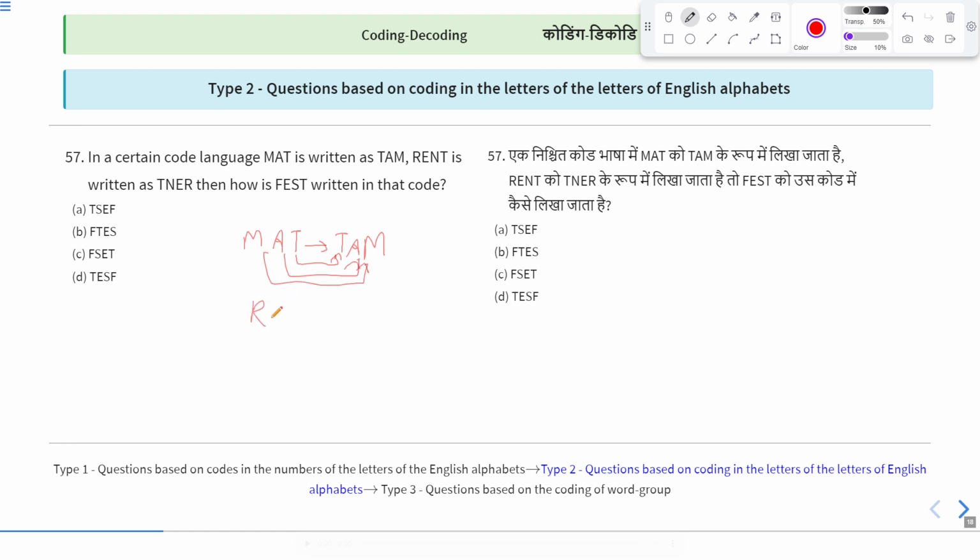So similarly, RANT becomes TNAR. And FEST becomes TSEF. TSEF is A.